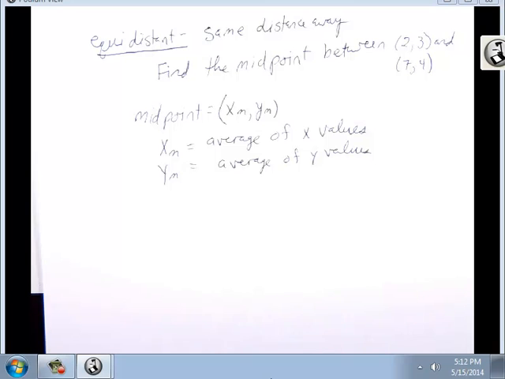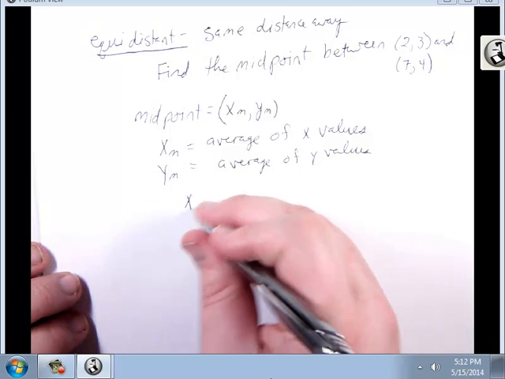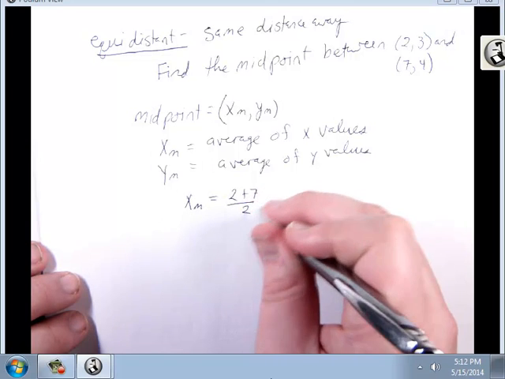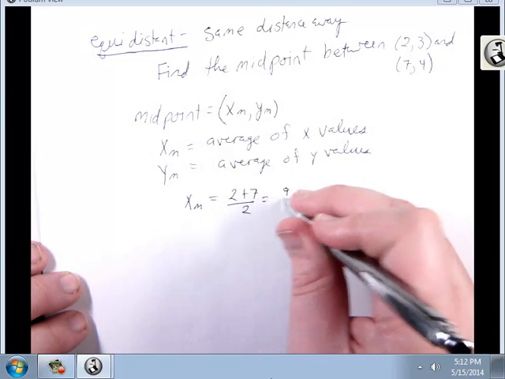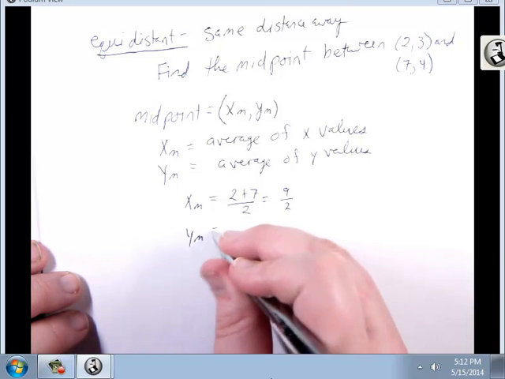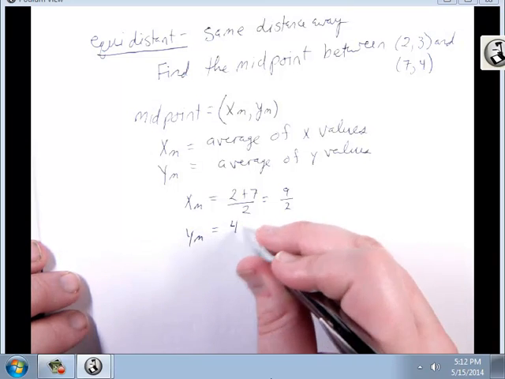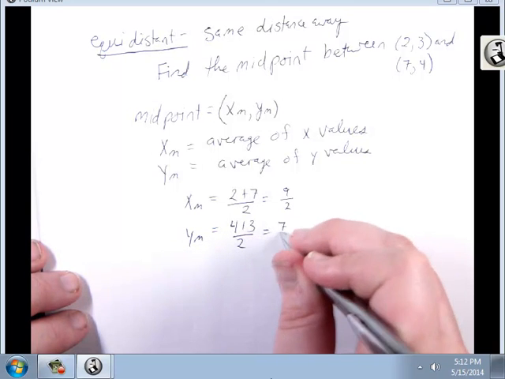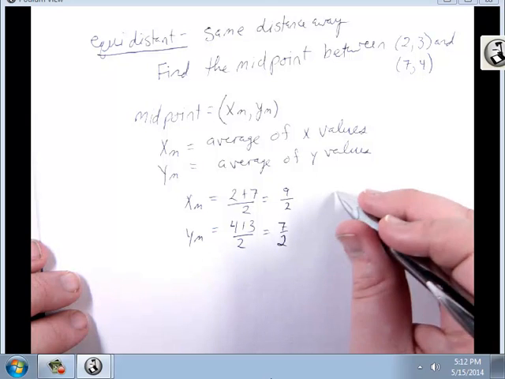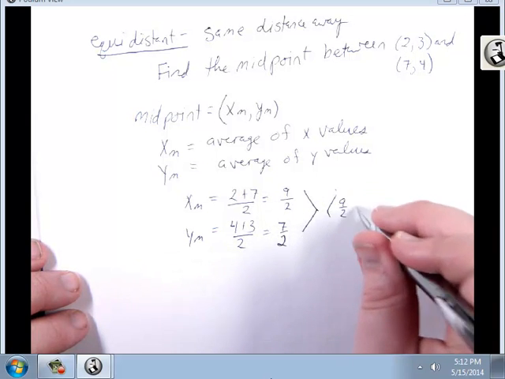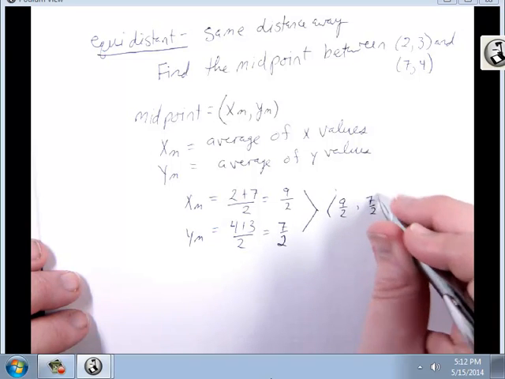So xm in this case equals 2 plus 7 over 2, which is 9 over 2. And ym equals 4 plus 3 over 2, which is 7 over 2. So I bring those together, I get 9 over 2, comma, 7 over 2. And that's my midpoint.